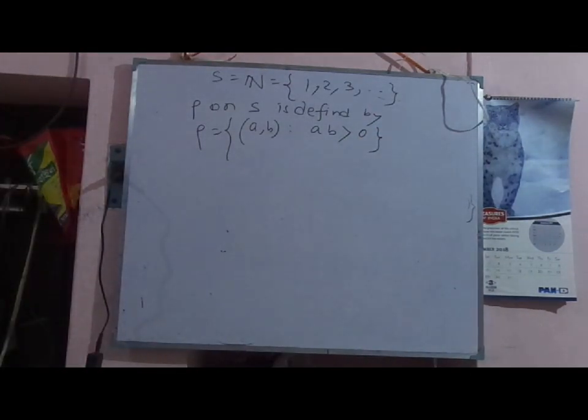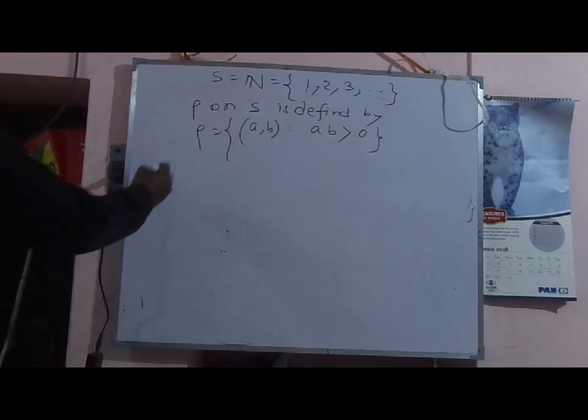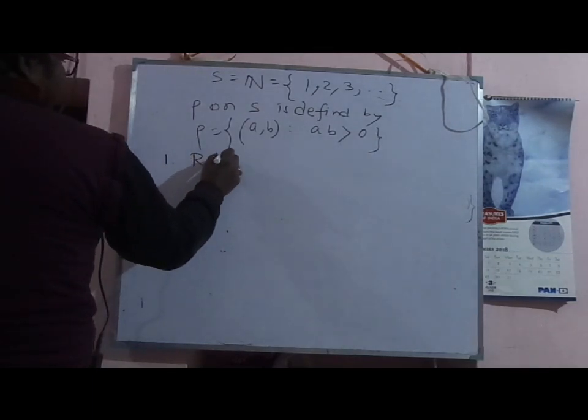We have to check whether the relation is reflexive, symmetric or transitive. If it is reflexive, symmetric and transitive, then it will be an equivalence relation, or RST relation. At first, I check reflexivity.